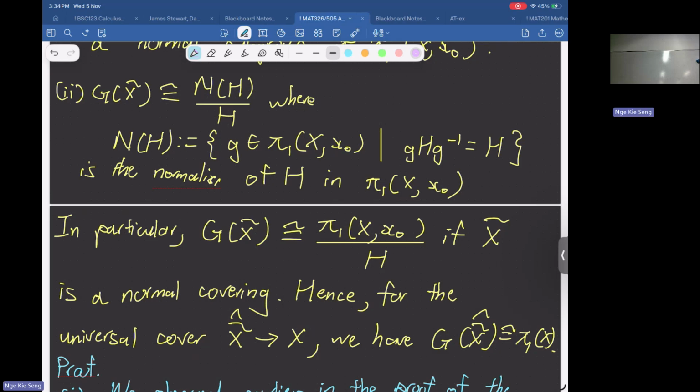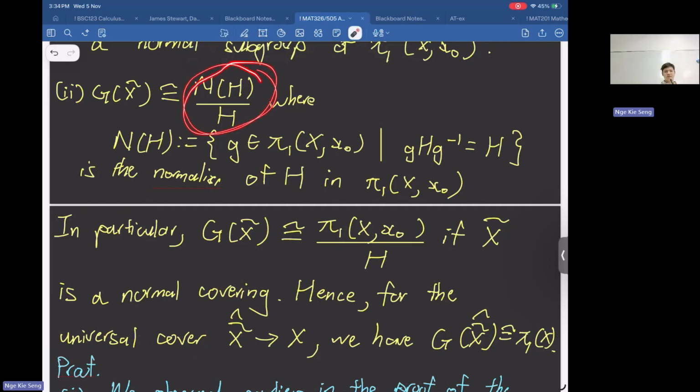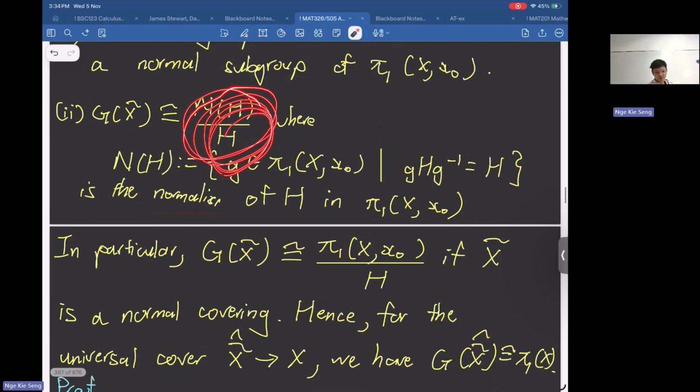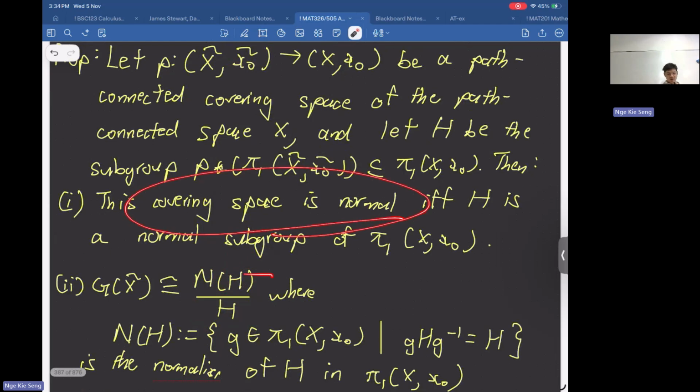Because when x tilde is normal, H is a normal subgroup, so everything will normalize it. Does it make sense? So the real work we need to do is N(H) over H. And also, normal covering implies normal subgroup and vice versa.